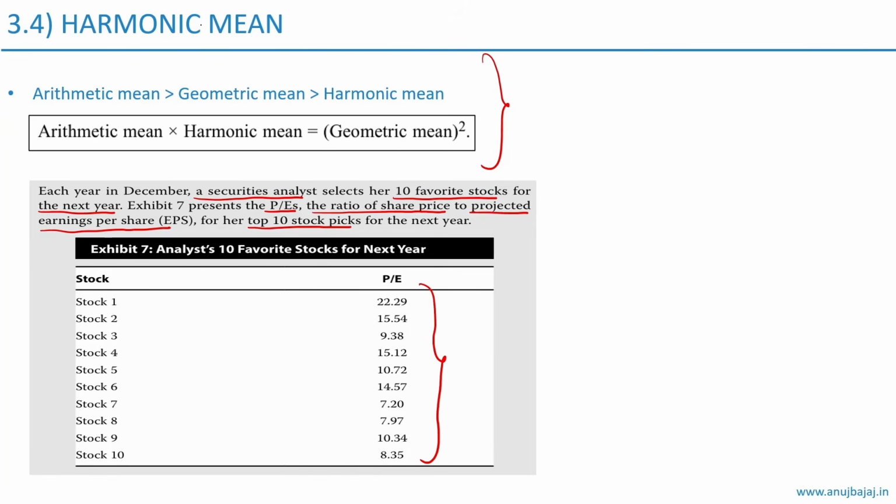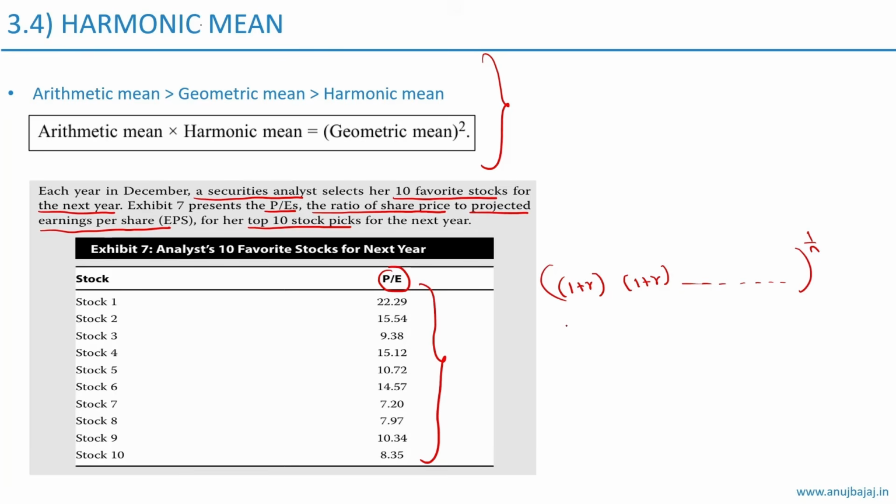One thing about the calculation of geometric mean is, when we used to calculate the geometric mean for returns, what we used to do was take 1 plus the return, multiply by 1 plus the return of the second period and take the root of the entire figure. But while calculating the geometric mean for ratios, we directly take the ratios.